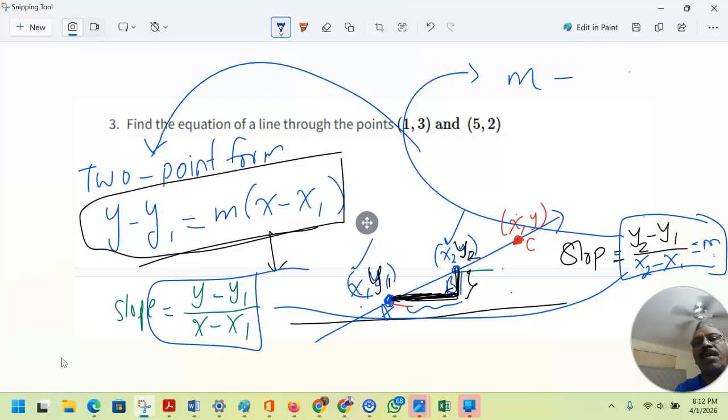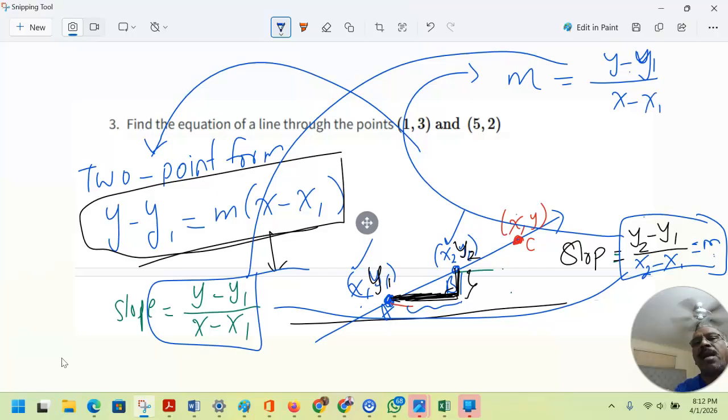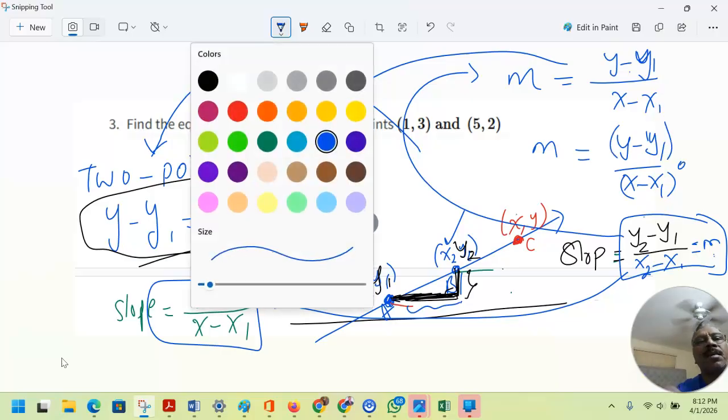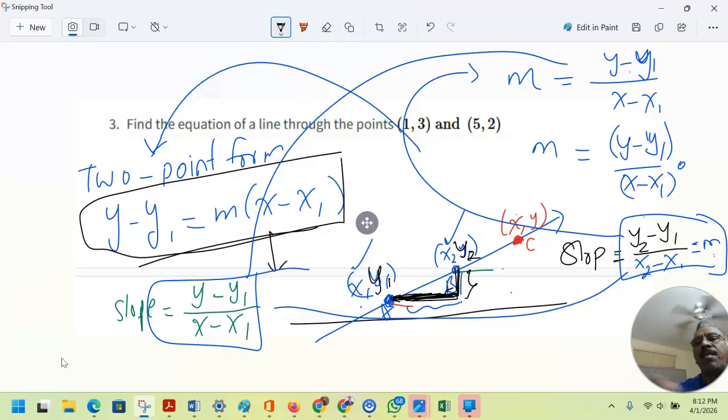So this m equals, this also is slope, y minus y1 over x minus x1. And then after that, you multiply both sides by, I want to get rid of the fraction, so multiply by x minus x1 on the right and also on the left.